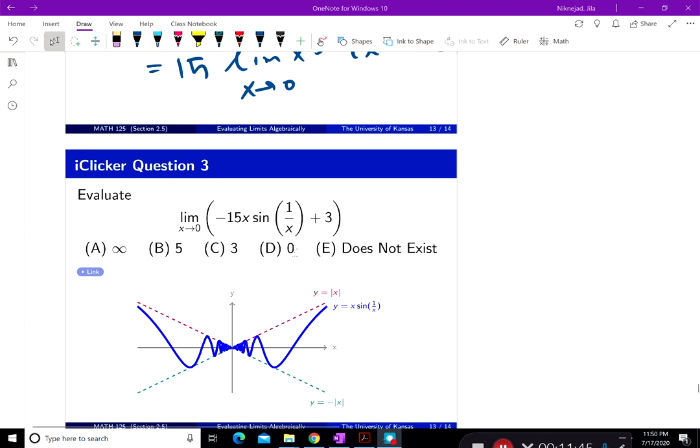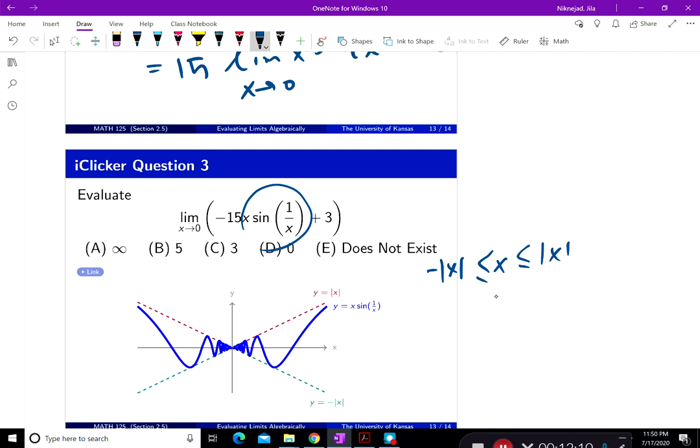To find this limit, let's observe this little information. x sine of 1 over x is between the absolute value of x and negative absolute value of x.